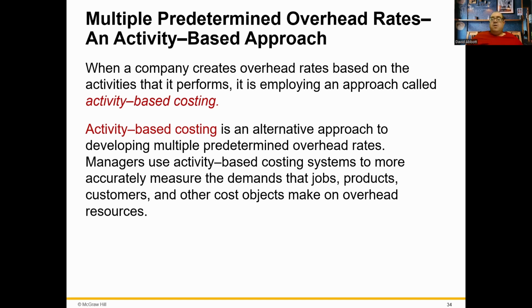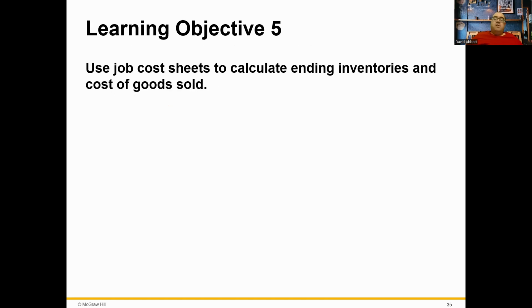Activity-based costing is an alternative approach to developing multiple predetermined overhead rates. Managers use activity-based costing systems to more accurately measure the demands that jobs, products, customers, and other cost objects make on overhead resources.